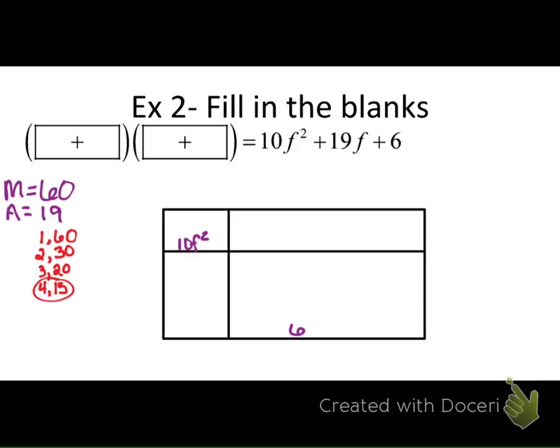But remember that 4 and 15 to equal 19 has a variable attached to it. So what are we going to have to add to these two right here? A variable, right? We're going to have to add that f. So I'm going to put 4f here and 15f down here. Now I have all of my areas for each of my rectangles in my model.